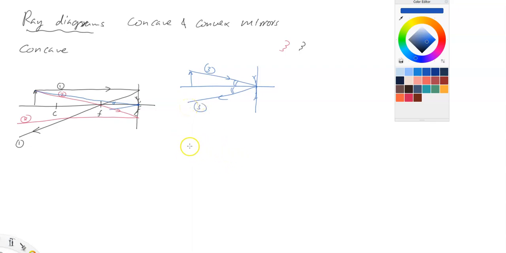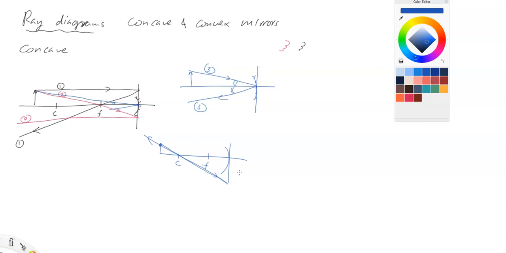And then the last one, the fourth one: light that goes through C reflects along the same path. So these are the 4 different lines we can use to create ray diagrams.